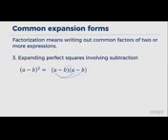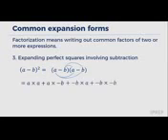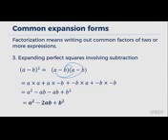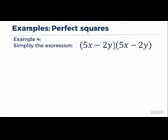We then have to consider each of the operations one by one, and this is what we will have as our answer. We can simplify this to give us a squared minus ab minus ab plus b squared. Minus ab minus ab will give us minus 2ab. So we will have a squared minus 2ab plus b squared.